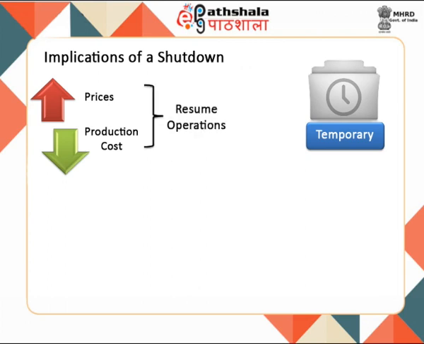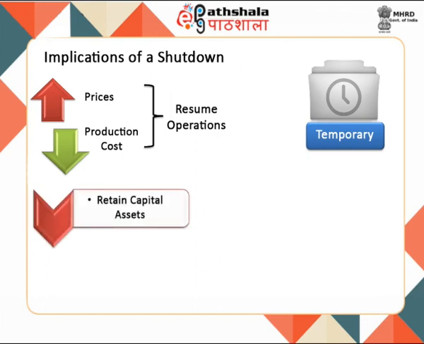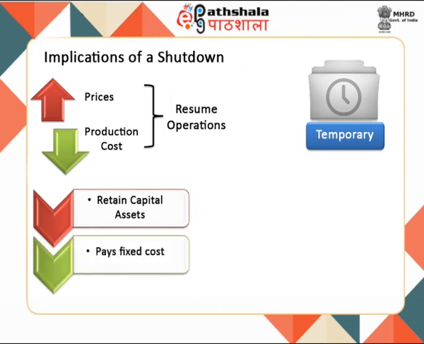Shutdowns are short run decisions. When a business shuts down, it still retains capital assets but cannot leave the industry or avoid paying its fixed costs. A business cannot incur losses indefinitely, which impacts long run decisions.